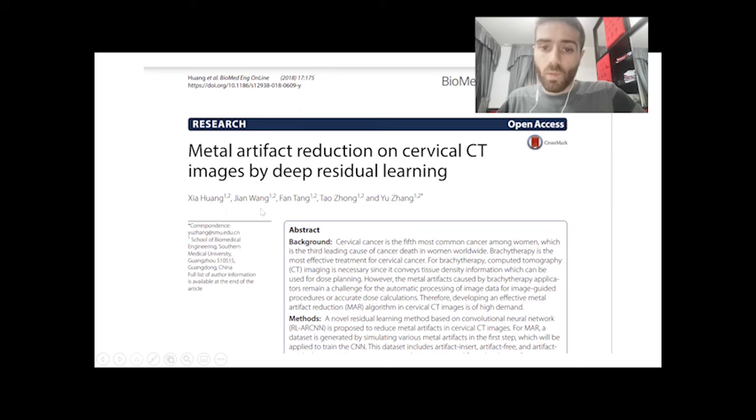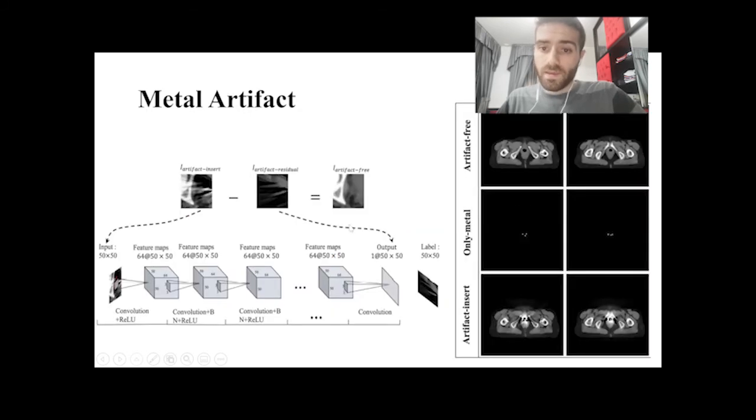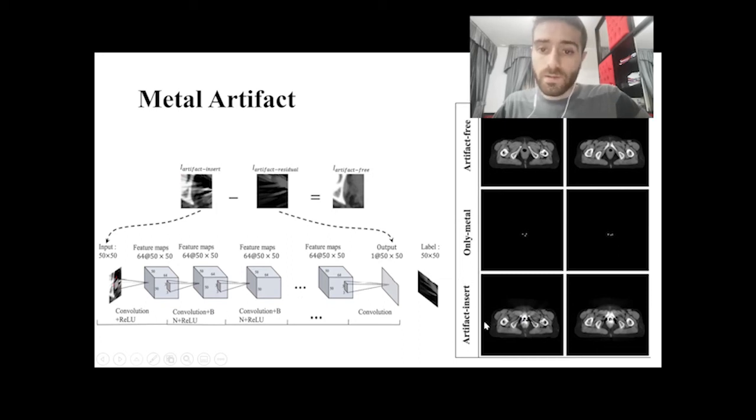In this article by Huang et al. 2018, they constructed a deep learning algorithm with a convolutional neural network to reduce metal artifacts in cervical CT images. They generated cervical CT images with simulated artifact to train and verify their model.